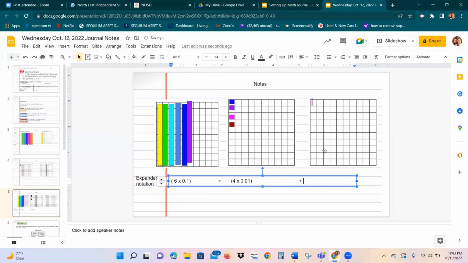I'm going to add that, put in my parentheses, and I only have 1 out of 0 whole numbers, decimal point, 0 for the tenths, 0 for the hundredths, and 1 to represent the thousandths. So that would be our equation as a decimal.